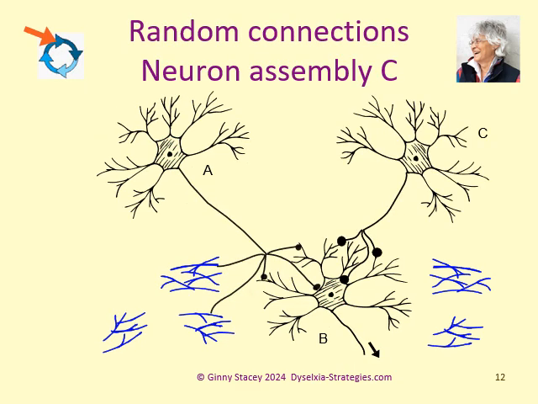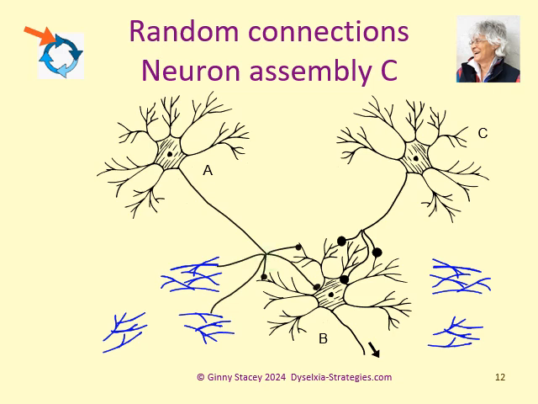So now let's consider what happens when you've got another assembly affecting B. Here I've got assembly A connecting up to B and assembly C connecting up to B. And you can see by the size of the blobs representing the synapses that C has a greater impact on B than A does.